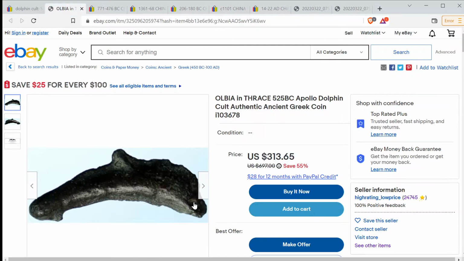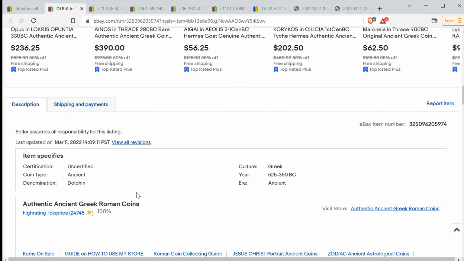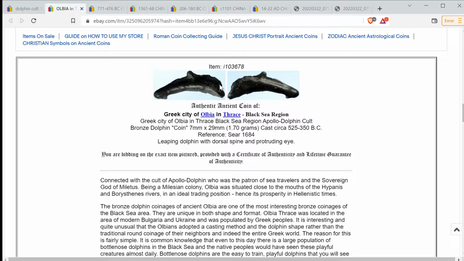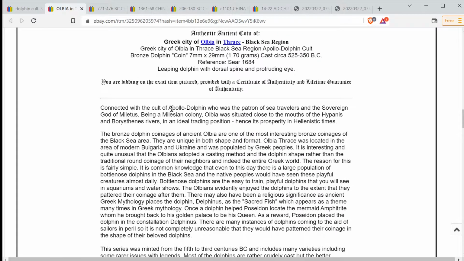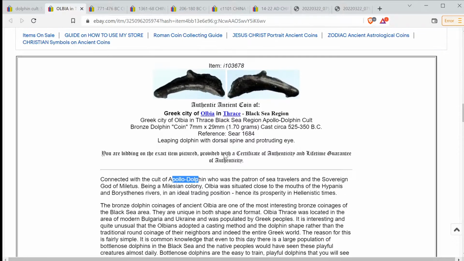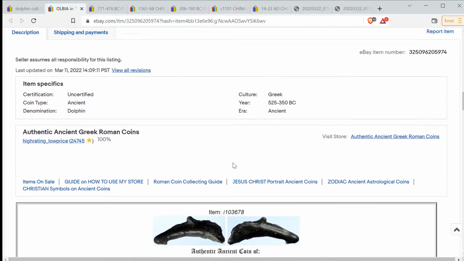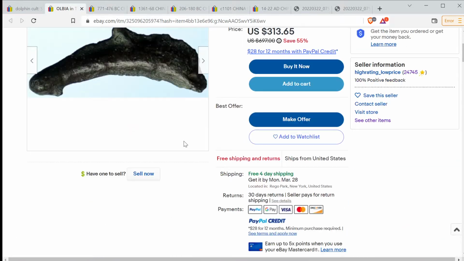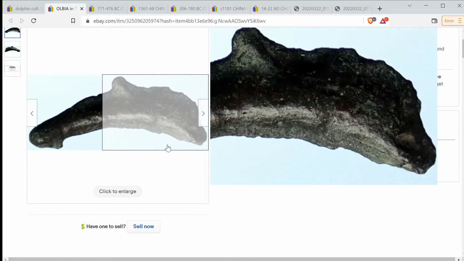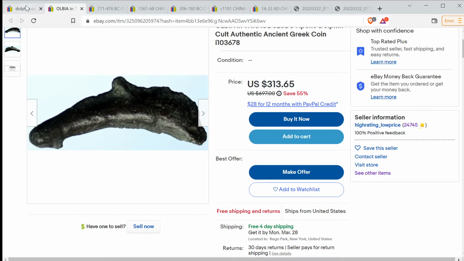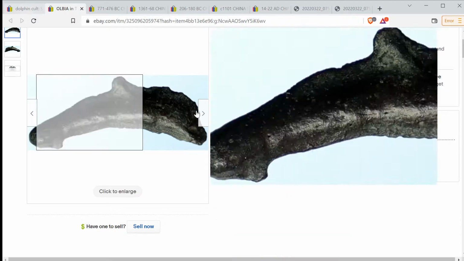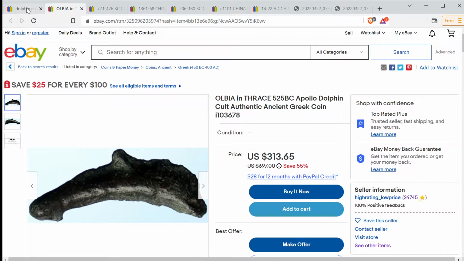See, in Olbia, Thrace, in the 500s BC, they also had these fish tokens, but these were given into the temple of Apollo Delphinios. And when people visited, they would give these kinds of tokens in the shape of a little dolphin. Not exactly a fish, technically, but you get the point. It's very interesting how the ancient peoples traded things.